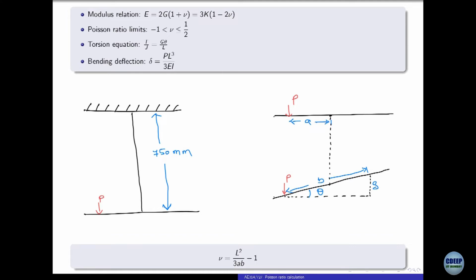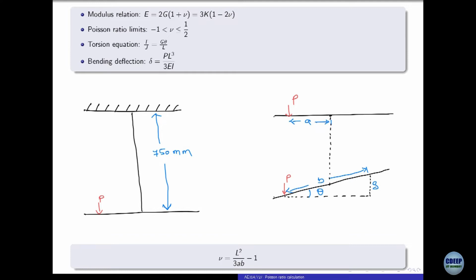We will be using two relationships. One is bending, deflection and torsion, twist. So, formulas for these two are also provided. Our experimental setup consists of a cantilever beam and a bar attached to the cantilever beam at 90 degrees. The length of the beam is 750 mm, and we will be applying a load P on one side of the bar, and from that we will be calculating twist via deflection of the other section of the bar.